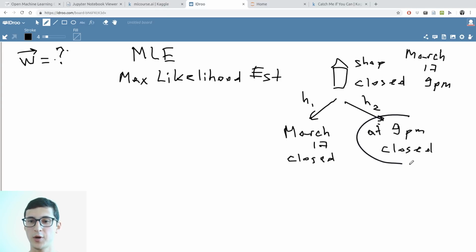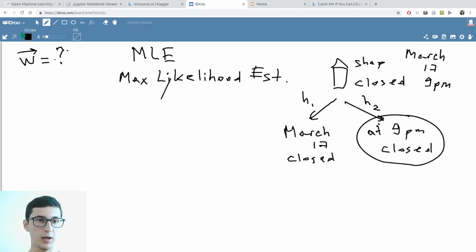So our explanation to ourselves will be that, of course, it's 9 p.m., too late, and that's why the shop is closed. So pretty much the same approach works for statistics, for picking a hypothesis that explains our observations in the most probable way.